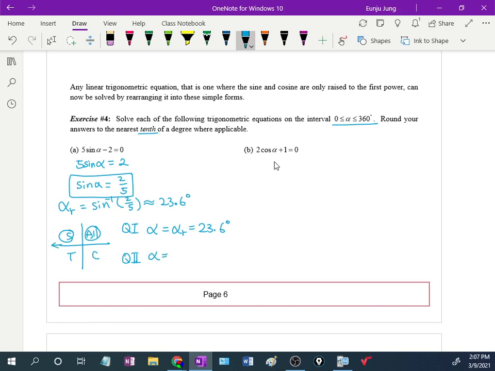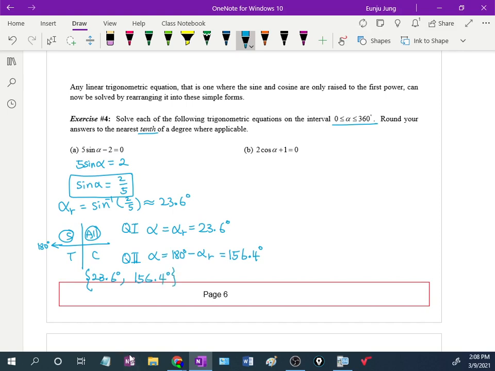If the angle falls in the second quadrant, it is not yet at the 180-degree location, so I need to subtract alpha r from 180 degrees. So we get 180 subtract 23.6, and we get 156.4 degrees.